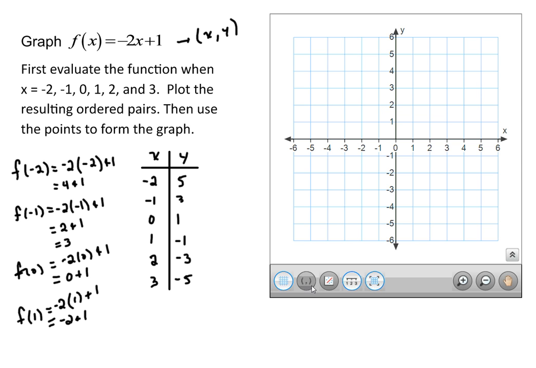Well, let me try this out here on the paper. Let's see what we have. All right, so we've got our point -2, 5. Let's plot that. Let's look at -1, 3. Let's look at 0, 1, and 1, -1. And how about 2, -3?